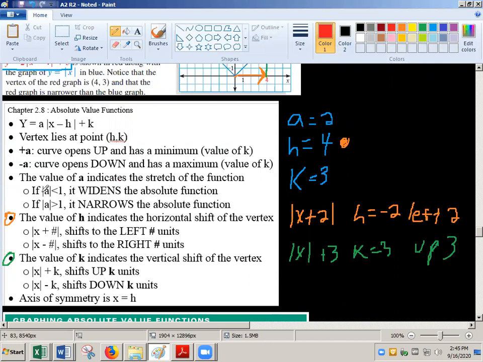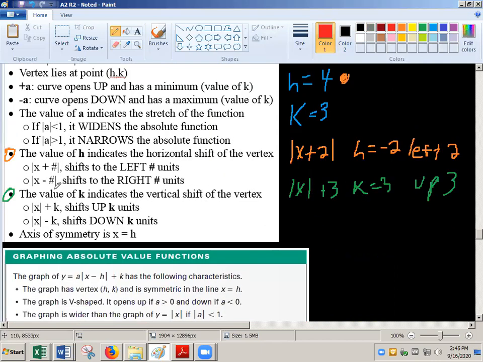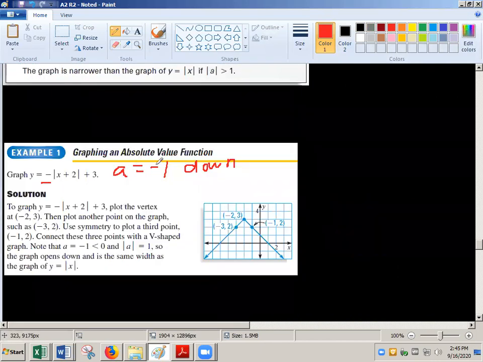So I don't care if it's positive or negative, I just care about the absolute value. So if it is negative, it opens down. If it is positive, it opens up. But the stretch on it, the 1 here, doesn't change. So if this thing were flipped up or down, and this A value is just 1 or -1, there's no stretch. If it were 2 or 1/2, then there would be a stretch. So I'm going to say this thing opens down, and I'm going to say normal.